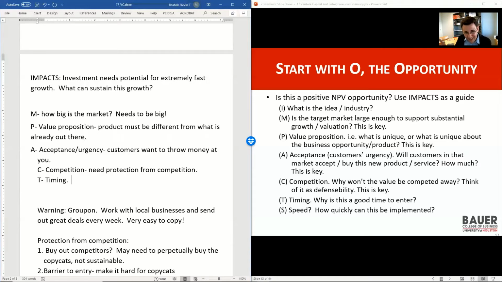There just wasn't quite the internet infrastructure in place to support that. But now 20 years later, you've got things like DoorDash and other delivery companies that are doing exactly that. Okay, so timing can be an issue, even if it's a great idea. If it's 20 years too early, then it's not going to be sustainable.